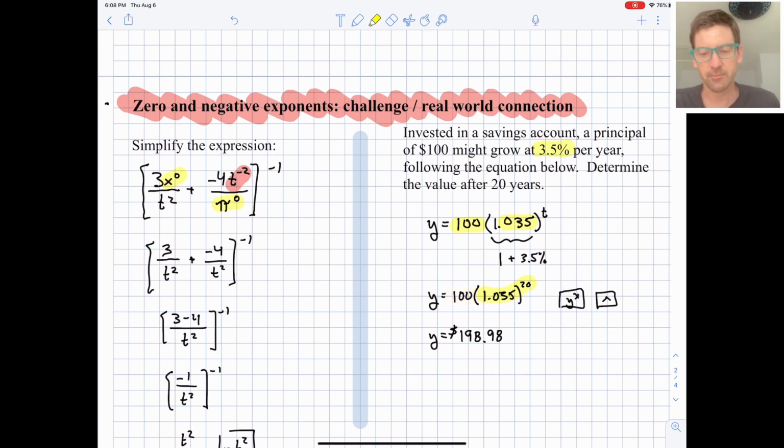So once again, I put that highlighted stuff in first. I do the exponent first, and then I multiply by 100. All right, so here's our final answer here. Look at that, we almost doubled our money just for letting it sit in the bank for 20 years. Okay, that's a good place to stop.